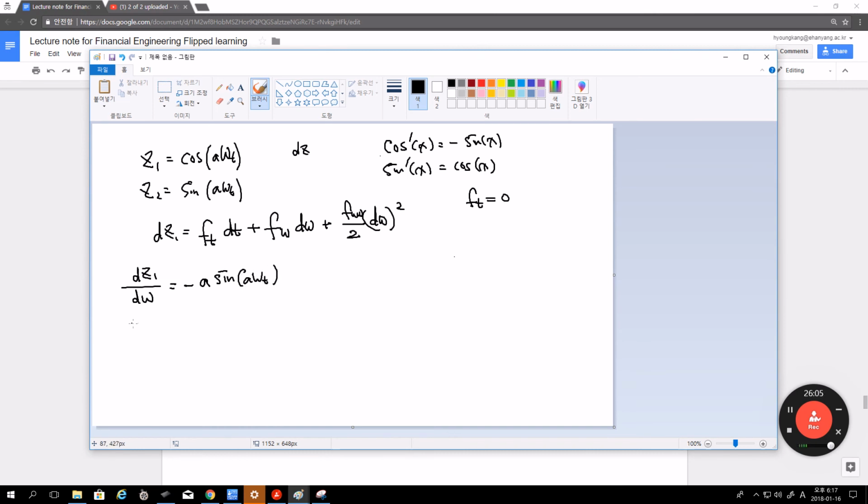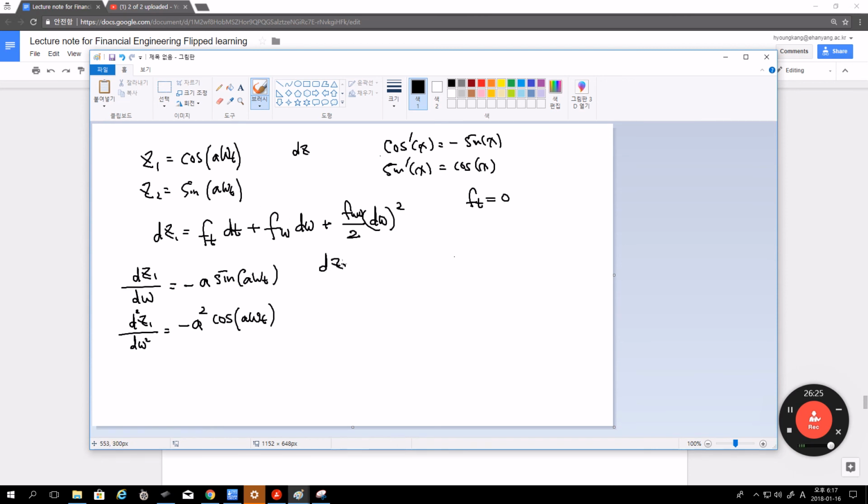And then for z1, the second derivative with respect to w, we take the derivative again, so minus a square cosine a wt, right? And then we can do the same thing.